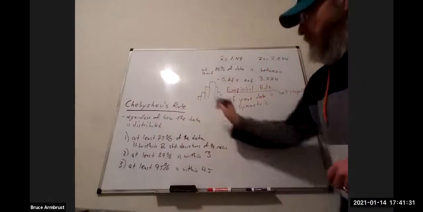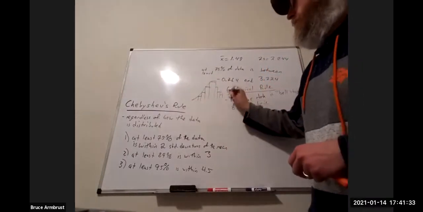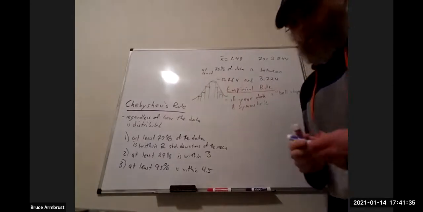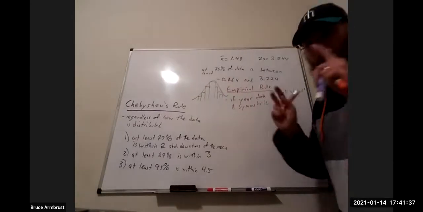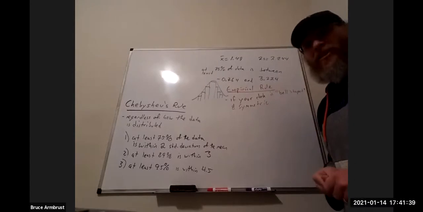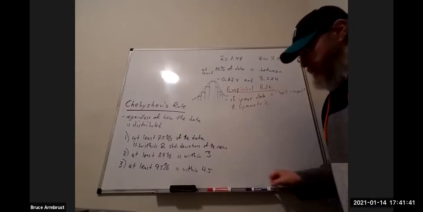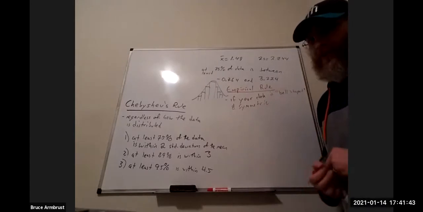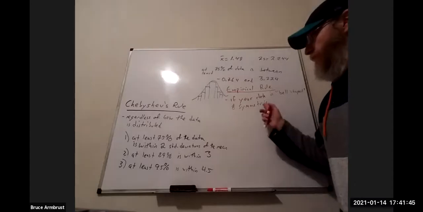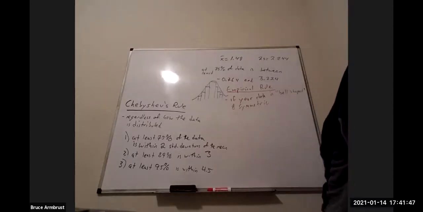Okay, so kind of bell-shaped. We'll talk more about actual bell-shaped and what that means. There's a distribution called the normal distribution. We use that one a lot, which means we get to use the empirical rule.